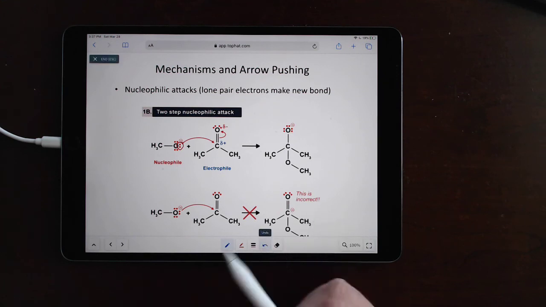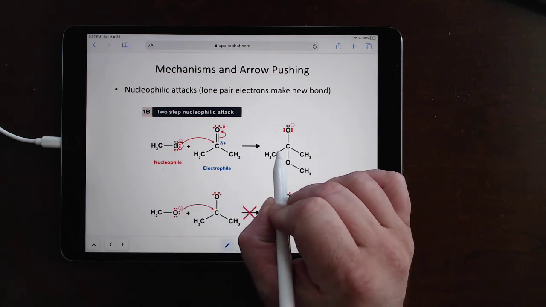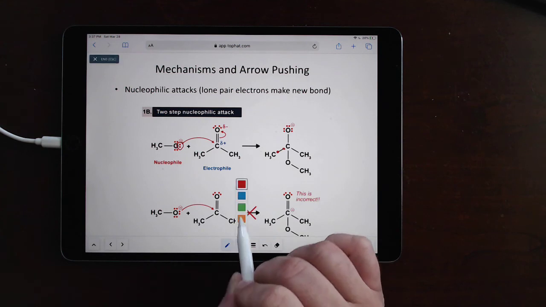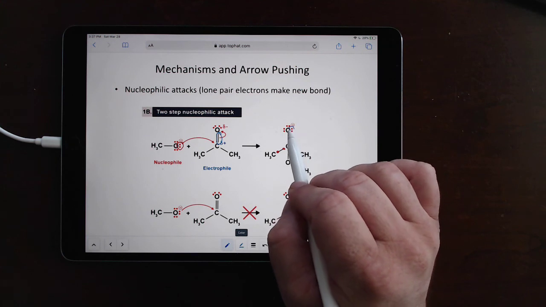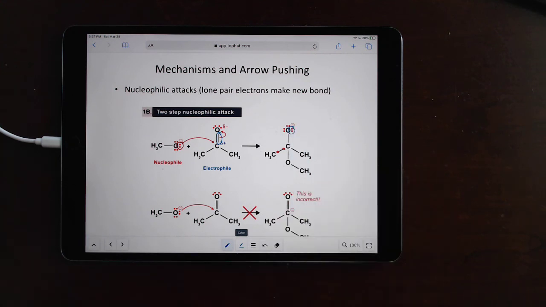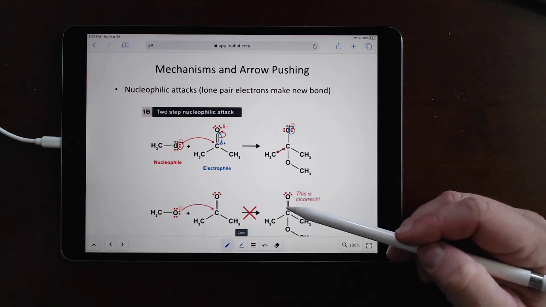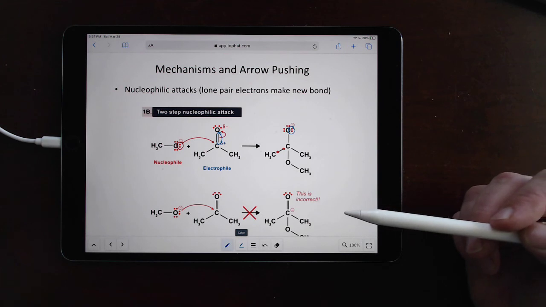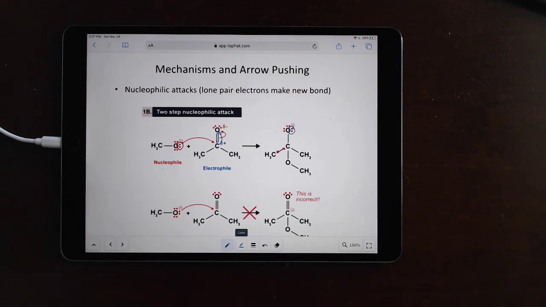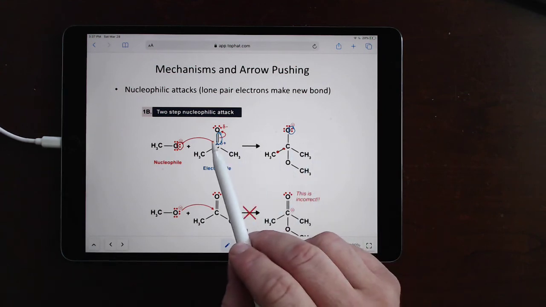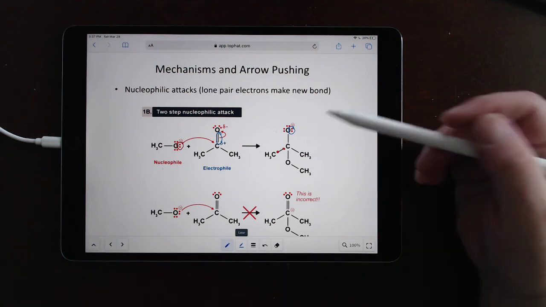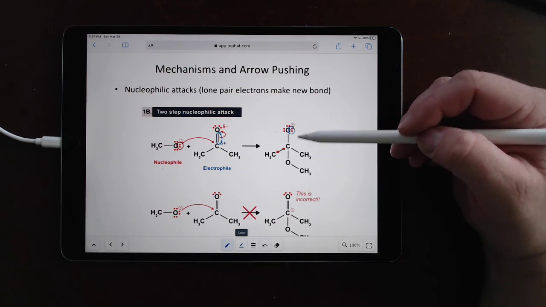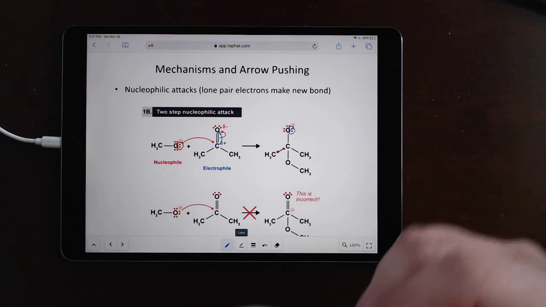So this lone pair becomes this new bond, and the electrons in this double bond form this new lone pair there. We're not going to have it where this comes in and is dangling and then move it up, because this carbon has 1, 2, 3, 4, 5 bonds, and carbon can't have 5 bonds, so this is not going to work. If we're making a new fourth bond, we've got to get rid of one of the bonds, and the easiest way to do that is to push those electrons off onto something else, either an oxygen or a leaving group or whatnot.